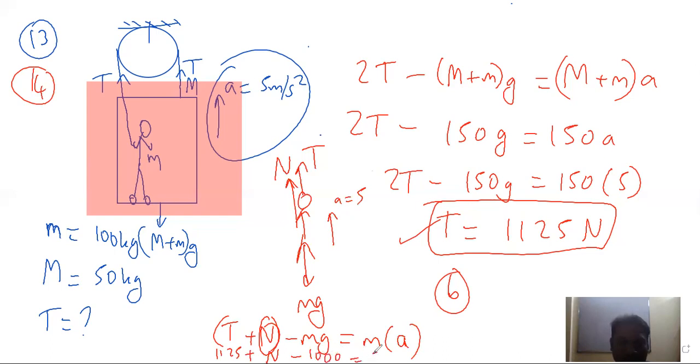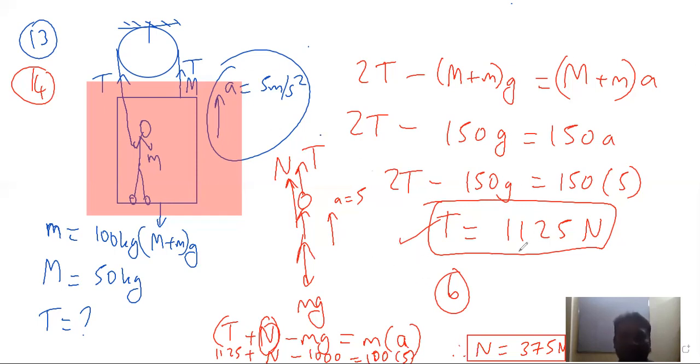That equals the mass of the man, 100, into acceleration 5. On solving, the normal reaction will come out to be 375. So the correct answer to question 14 comes out to be 375 Newton.